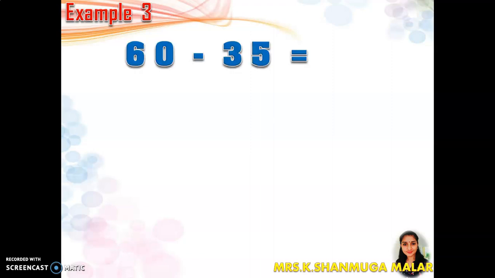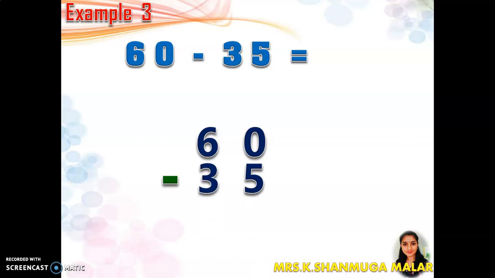60 minus 35. First, we must write the number sentence in vertical form. We must start writing the 35 from ones and then come to the tens. Once done, we must start counting from the ones place value.